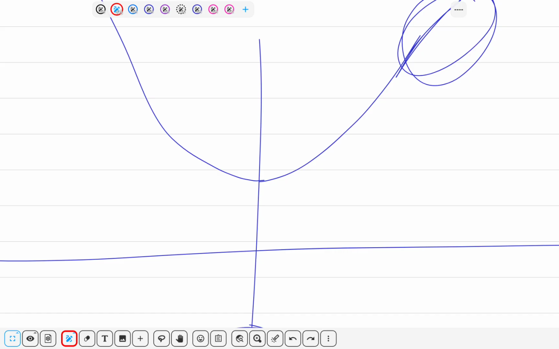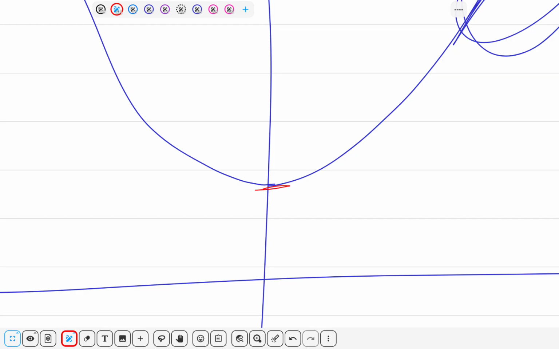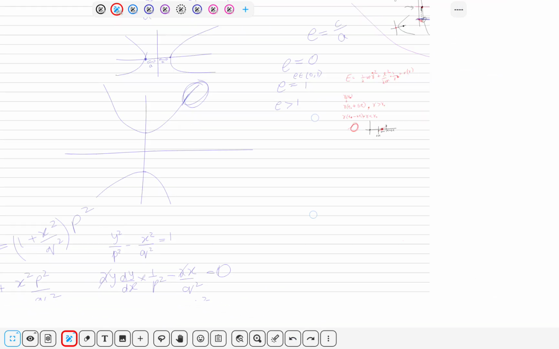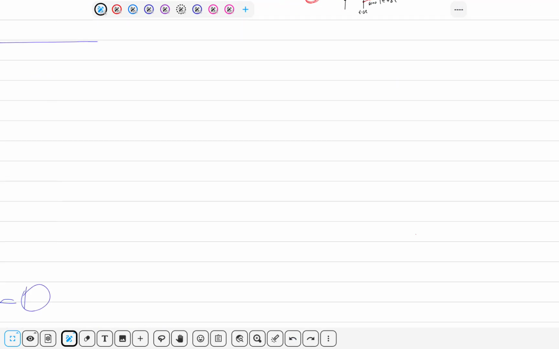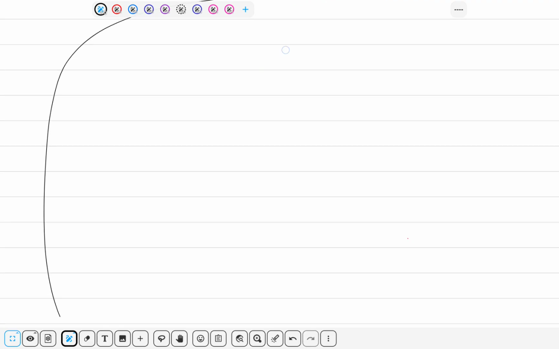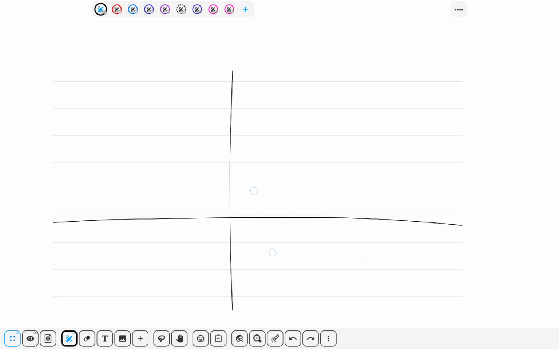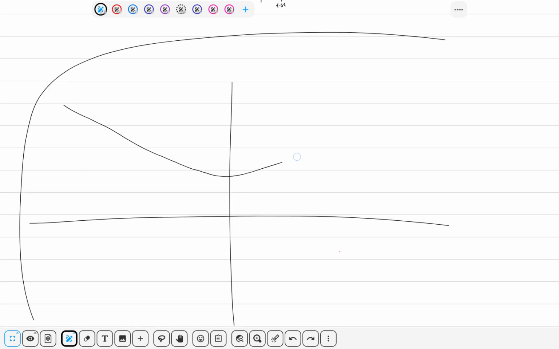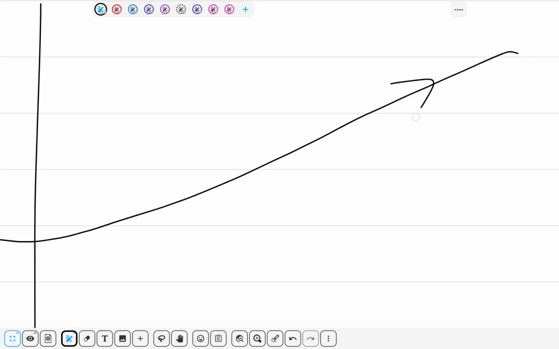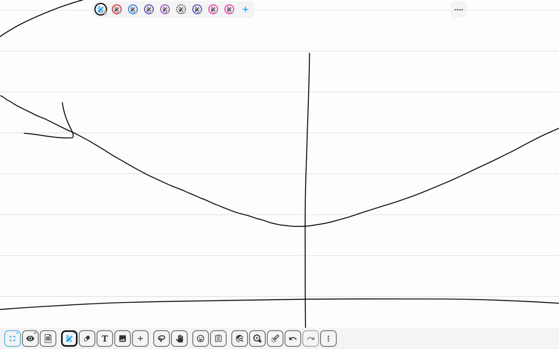What should I really be concerned of here? I think this is not a good hyperbola shape. Maybe it is, but let me try another. How about something like this? And now something like this.